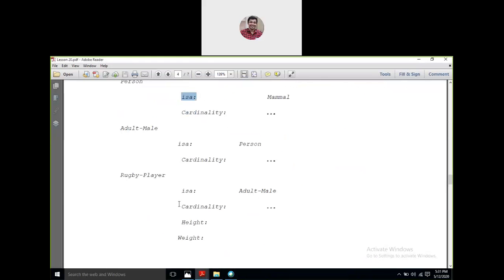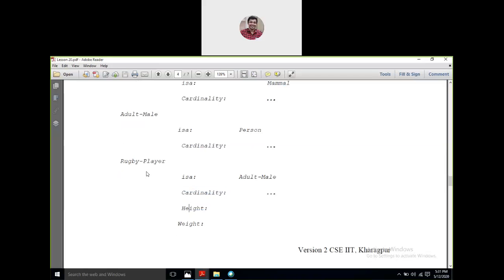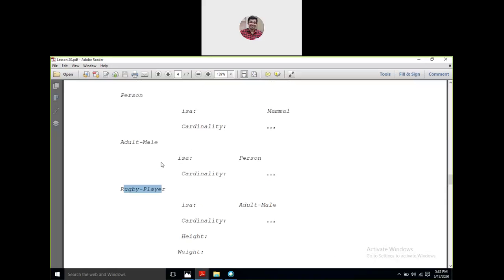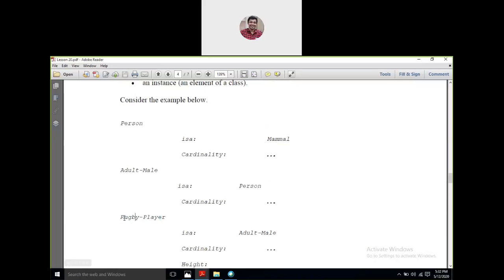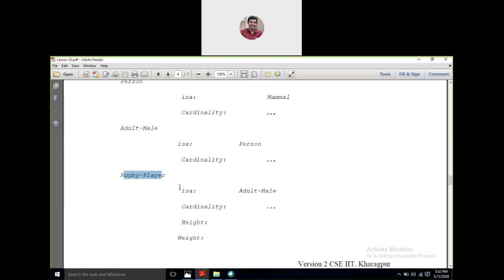Now I'm coming down even further. A rugby player again is an adult male, and that adult male is a person, and that person is a mammal, right? Cardinality is not there, but since I am moving towards a more and more specified example in the frame structure, my level of description gradually increases.